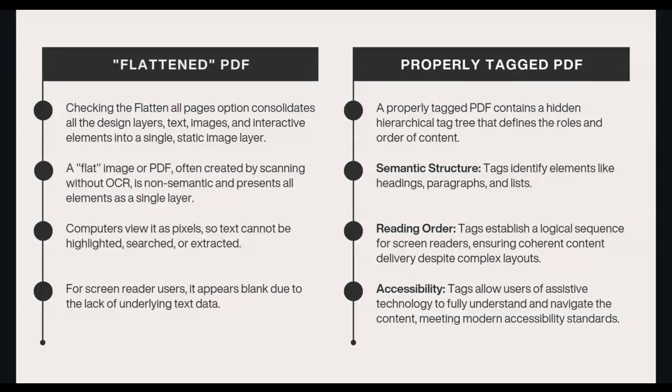You cannot press Control F and search within the document. You cannot copy and paste. So if you're using a screen reader for accessibility's sake, do not flatten the PDF, because it's just going to be blank.